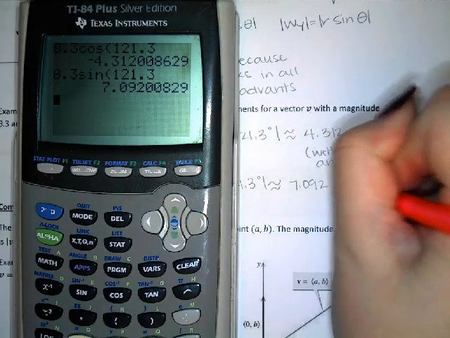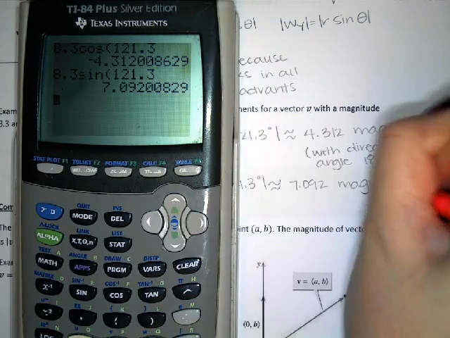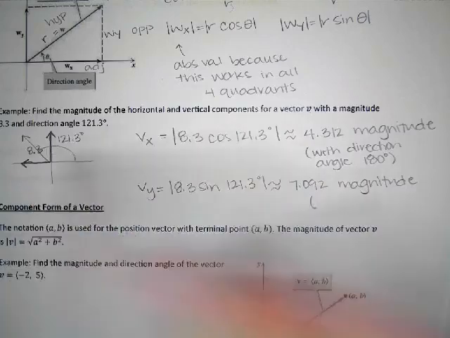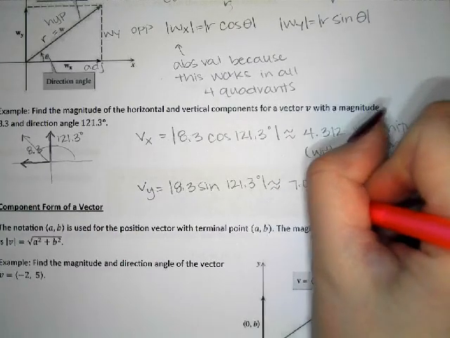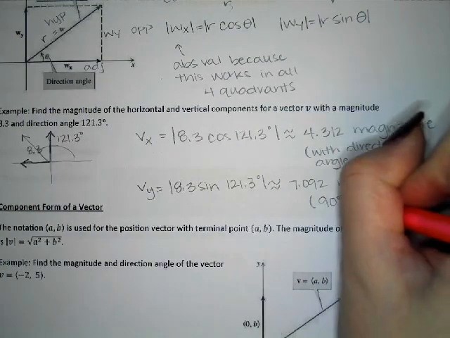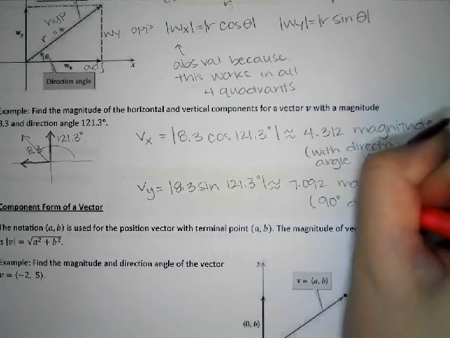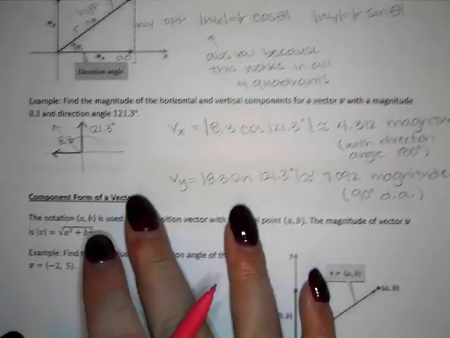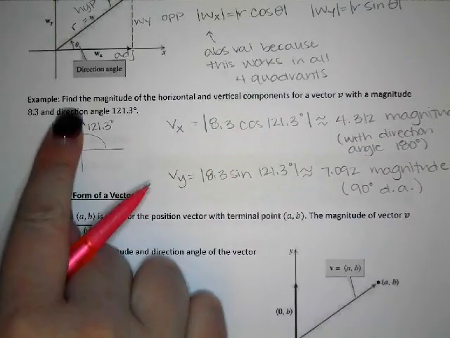And this one has a direction angle of 90 degrees. Direction angle. Okay, and if you talk about vertical components, they're either going to have a direction angle of 90 degrees or 270 degrees, depending on whether that vertical component is pointing up or pointing down.